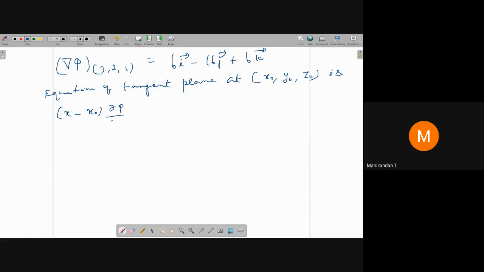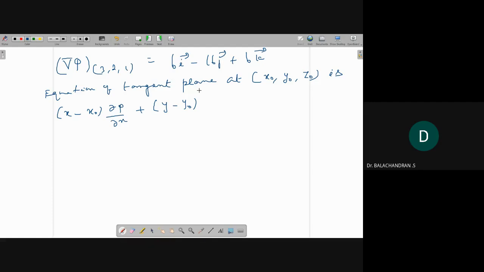Del phi is the normal to the plane. Del phi is i vector into dou phi by dou x plus j vector into dou phi by dou y plus k vector into dou phi by dou z.